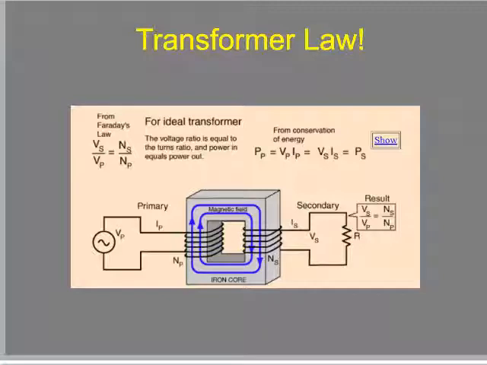So we're inducing current across that space. The number of turns primary versus the number of turns secondary tells me what the voltage will be on either side, right? So if I know the voltage primary and the voltage secondary, I can figure out what the turns are and vice versa, right? So we will use this a lot, right?